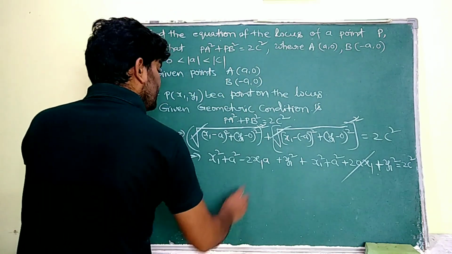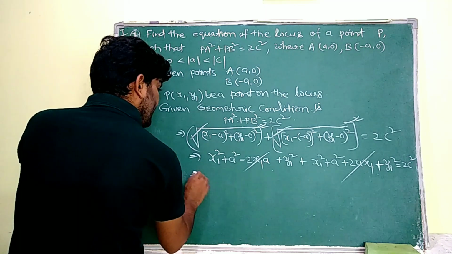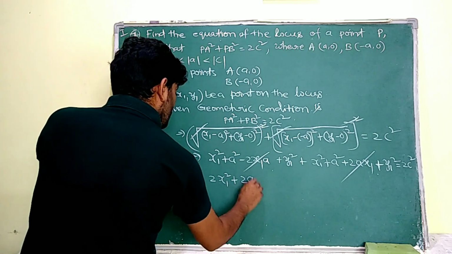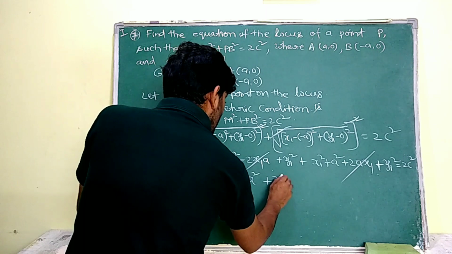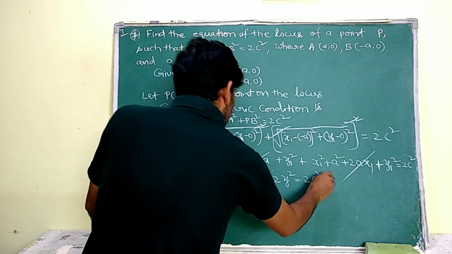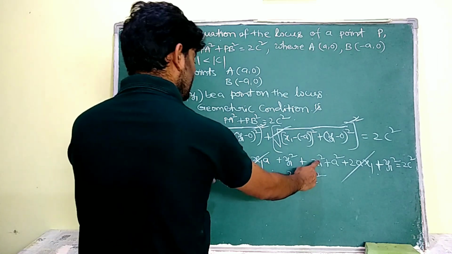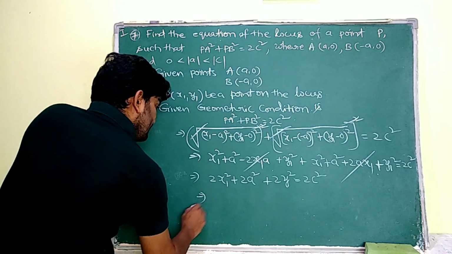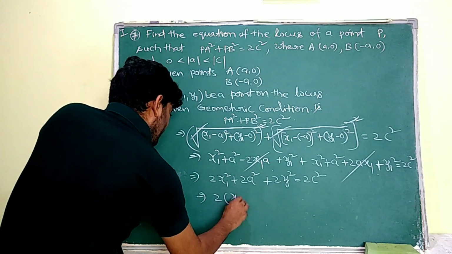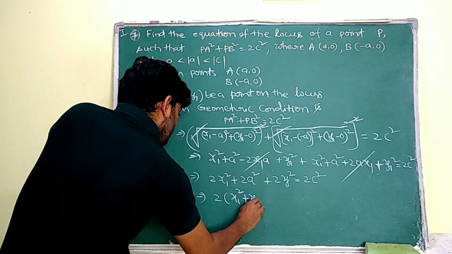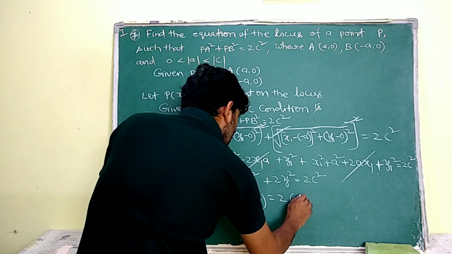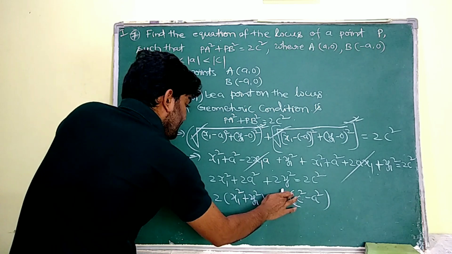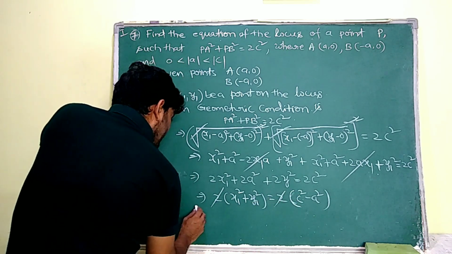The 2ax1 and 2ax1 are cancelled. Here we have 2x1 square plus 2a square plus 2y1 square is equal to 2c square. By taking out 2 common, x1 square plus y1 square is equal to c square minus a square. I am transferring the plus 2a square to that side, so it becomes minus 2a square. Here the 2s are cancelled.